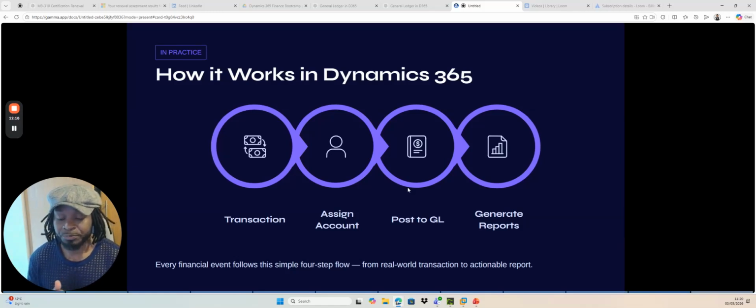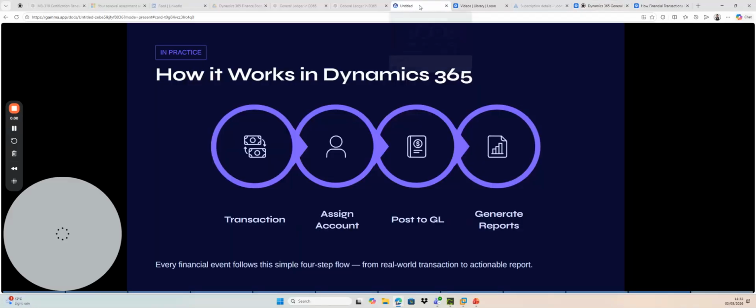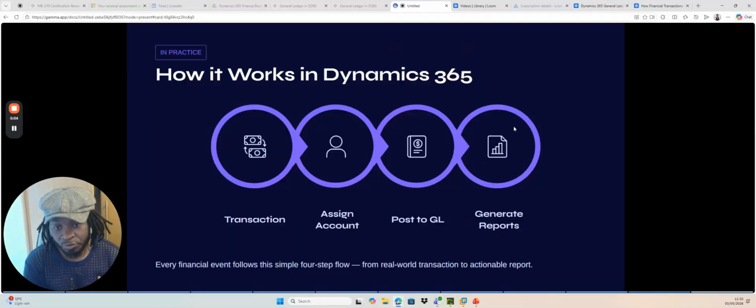So you've posted a transaction, and this transaction is posted to a particular account. To summarize, in Dynamics, when transactions are posted within the system, particular accounts are assigned. There are always two accounts associated with every transaction you make.